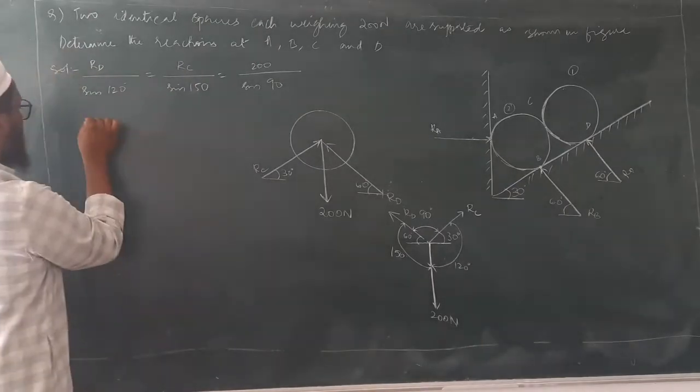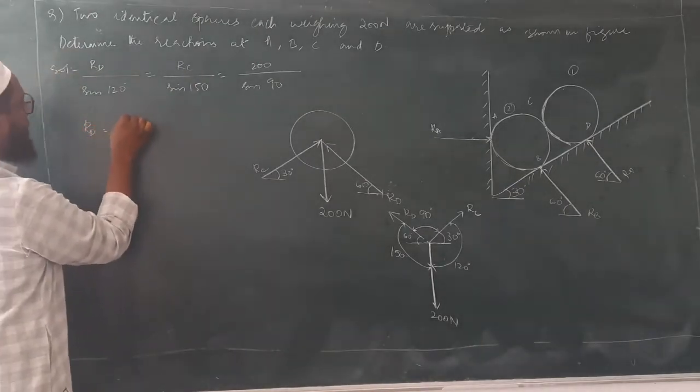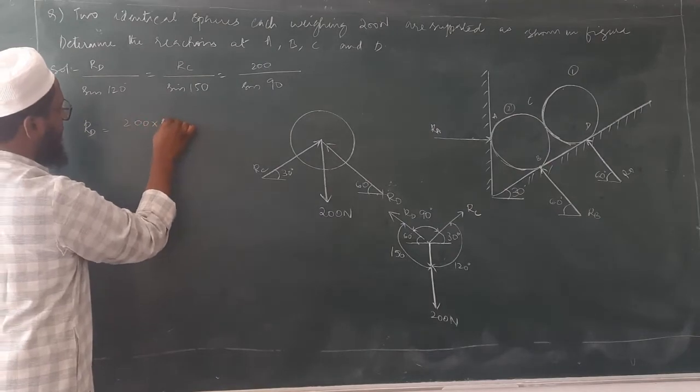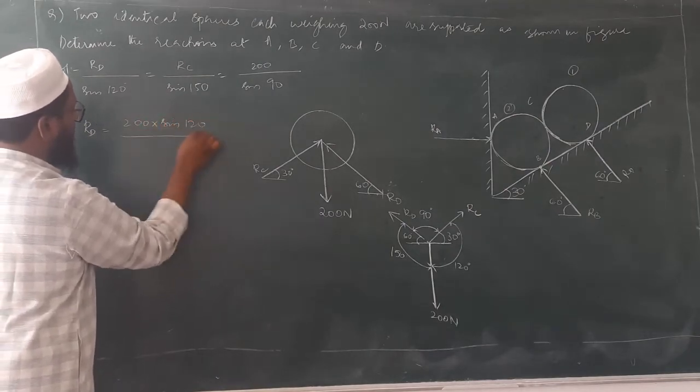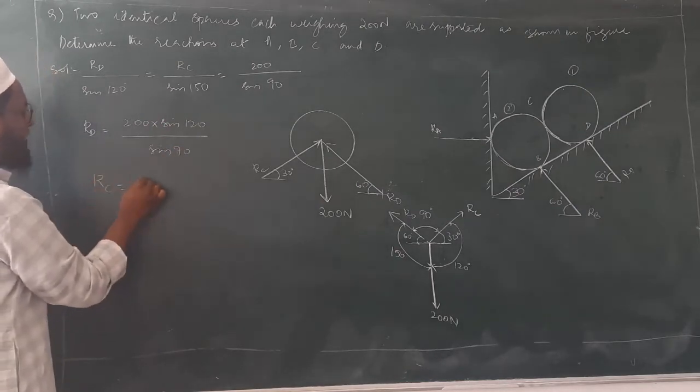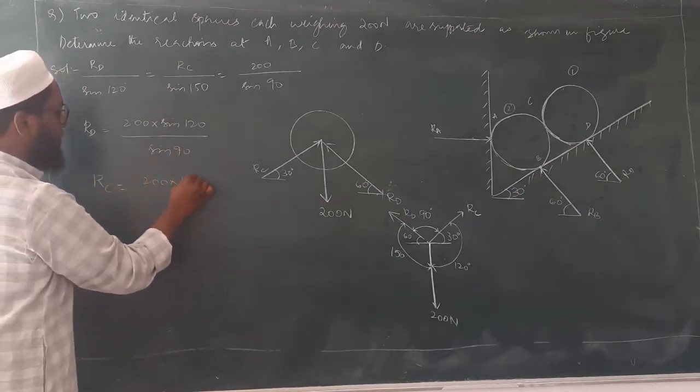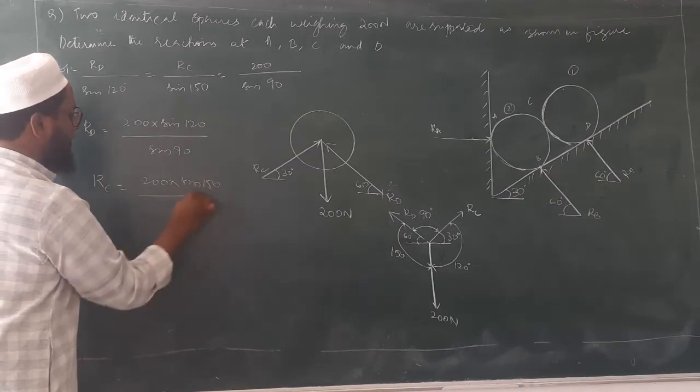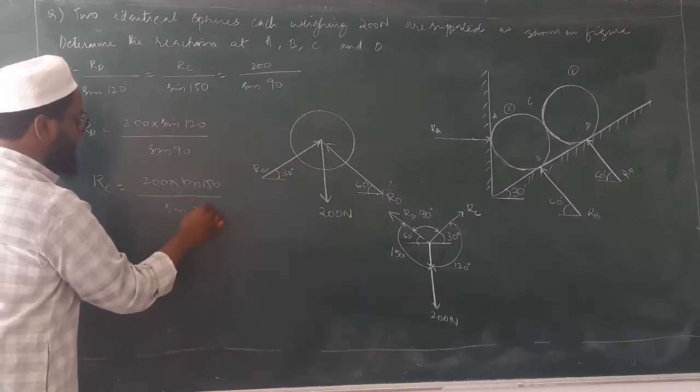So can you tell me what is the value of RD now? RD is equal to 200 into sine 120 divided by sine 90, whereas RC is equal to 200 into sine 150 divided by sine 90.